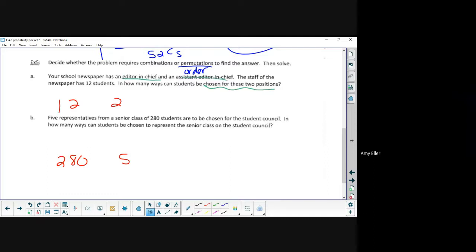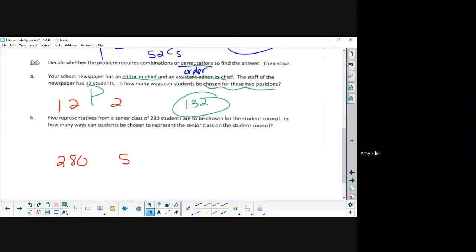So if I pick editor-in-chief and assistant editor-in-chief, or I flip it, that's 2 different things. So yes, order does matter, because there are 2 different roles to be filled. Oh, okay, that makes sense. Because the positions are different, that'd be like president and vice president.